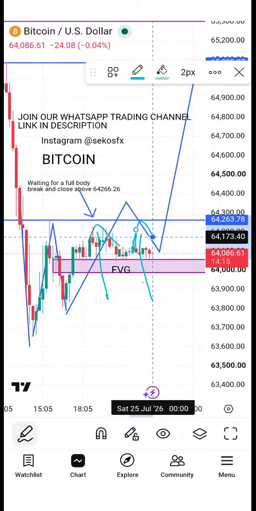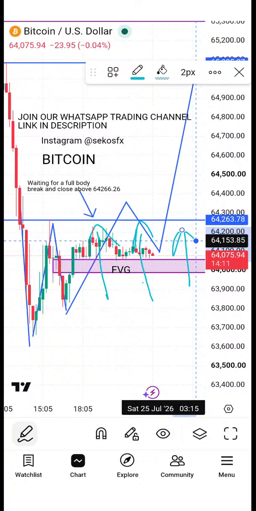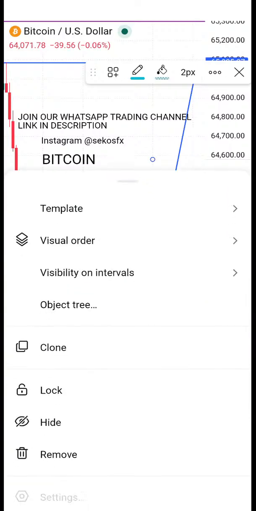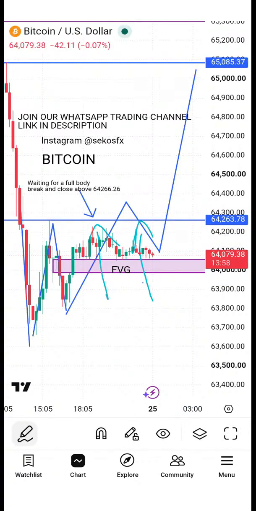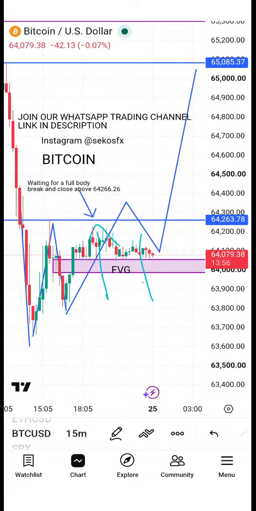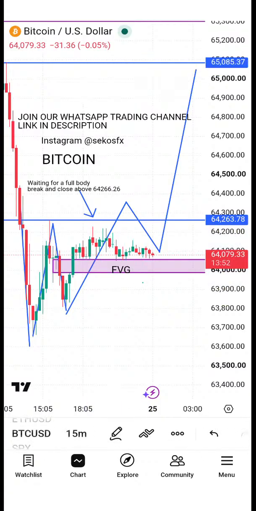So why would I buy? That's why I'm patiently waiting for it to break above that area.